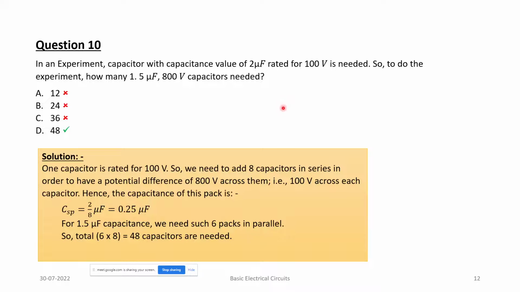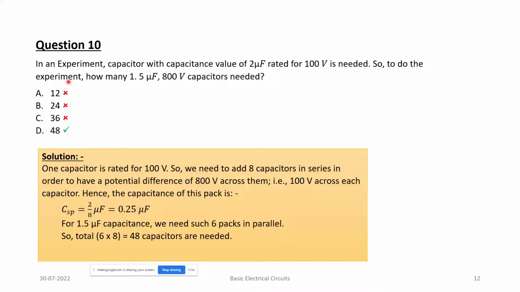Just a second. I think it's actually changed. Basically the question should be: in an experiment, a capacitor with capacitance value of 1.5 microfarad rated for 800 volt is needed.